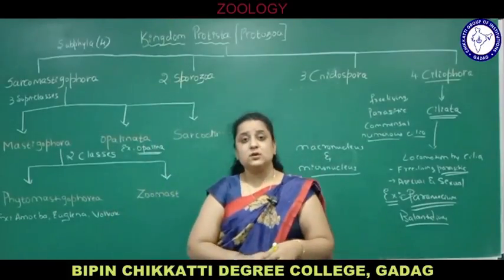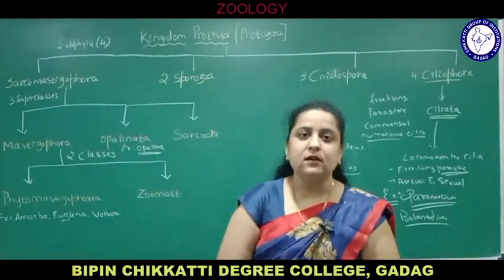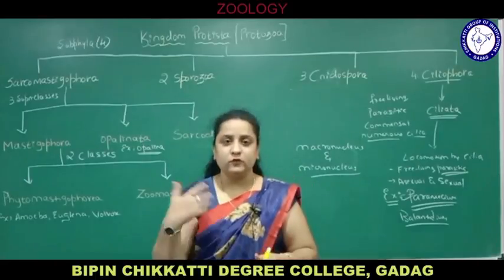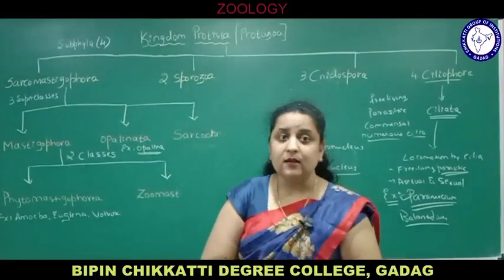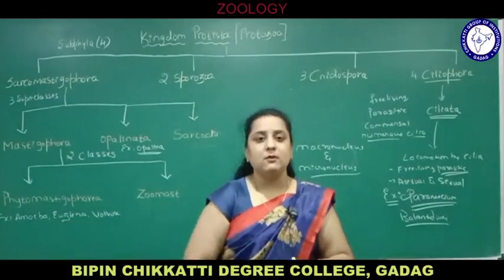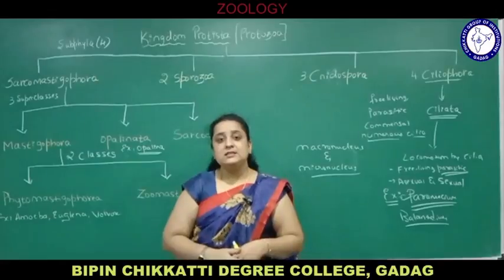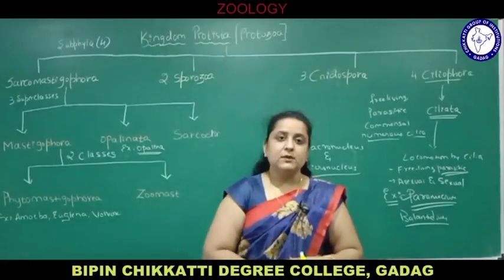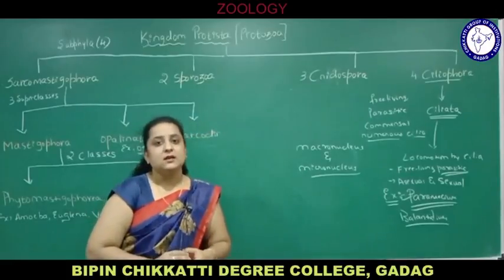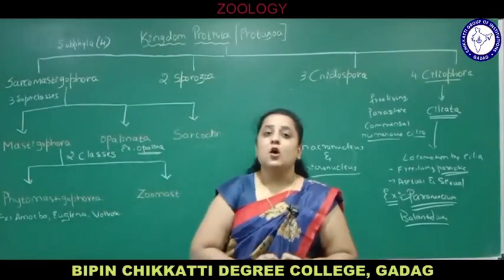What we have discussed today: protozoans are mainly unicellular, eukaryotic, microscopic organisms with a phagocytic, heterotrophic, saprophytic mode of nutrition. The body is covered by plasma membrane, which gives flexibility and rigidity. Digestion is intracellular. Respiration is through the body surface, and excretion is by osmoregulation.